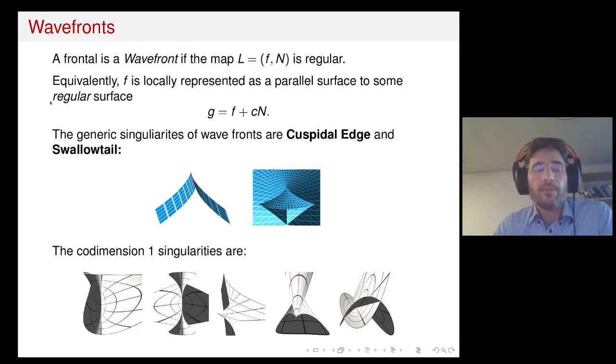And it's easy to check that this is the same as saying that locally F is parallel to a regular surface G. So it's been known for a while that the generic singularities of wavefronts are the swallowtail and cuspidal edge, and the codimension 1 singularities are these, I won't name them, singularities that you see here.